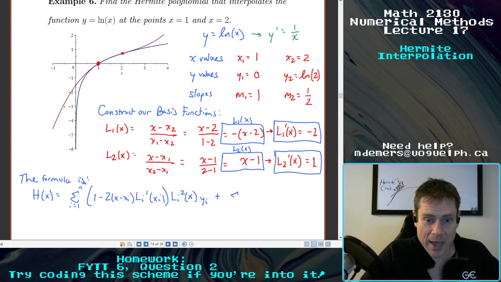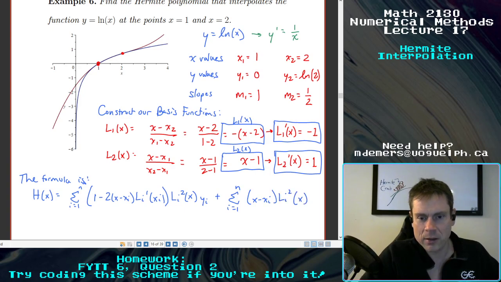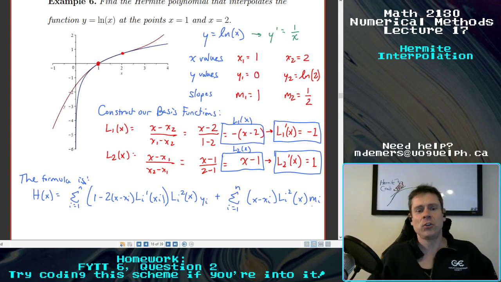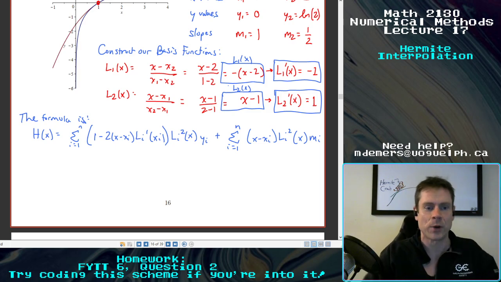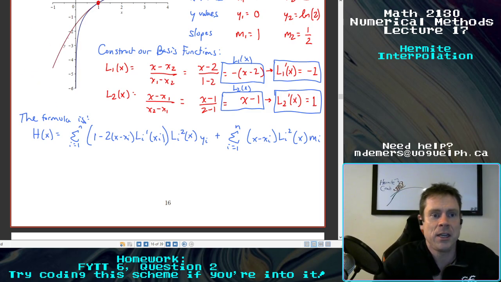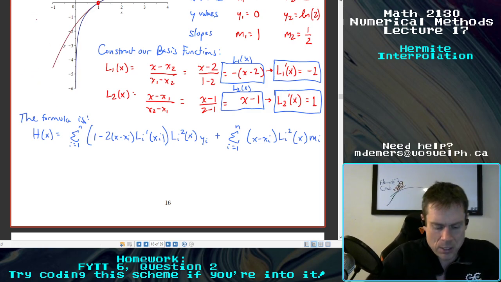Okay, and we add those all up, and then we add another sum, and it's this: (x minus xi) Li squared at x, and then the slope data. Okay, so we're going to go through. We only have 2 points, so we're going to have 2 terms from each one of these, but we're going to be very careful in what we do. So let's do our best.